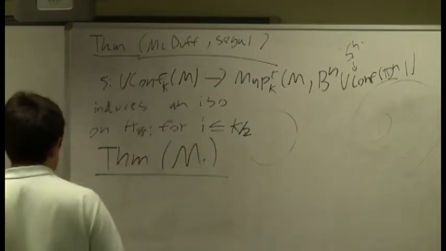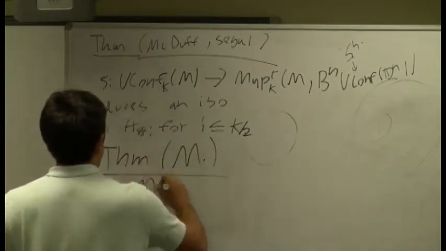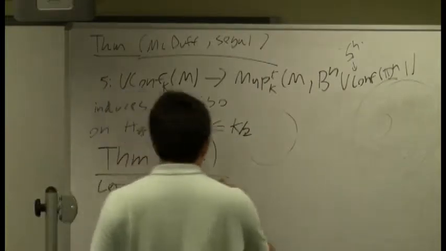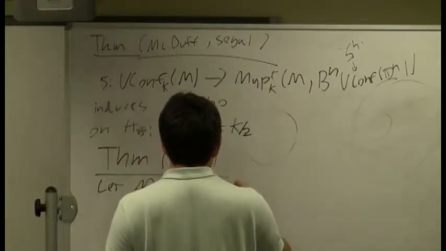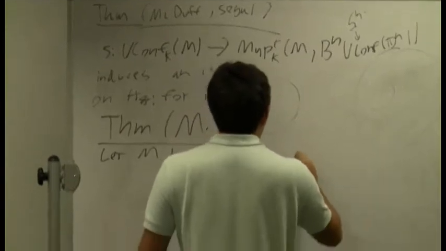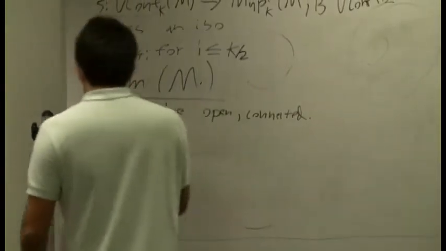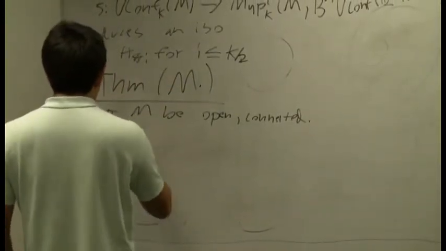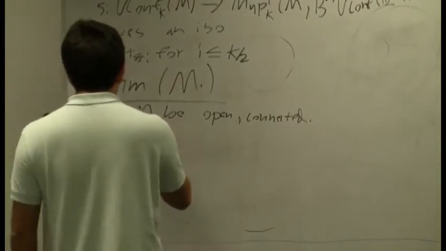So this theorem: let M be open and connected. Then there exists what I'm calling a stabilization map.